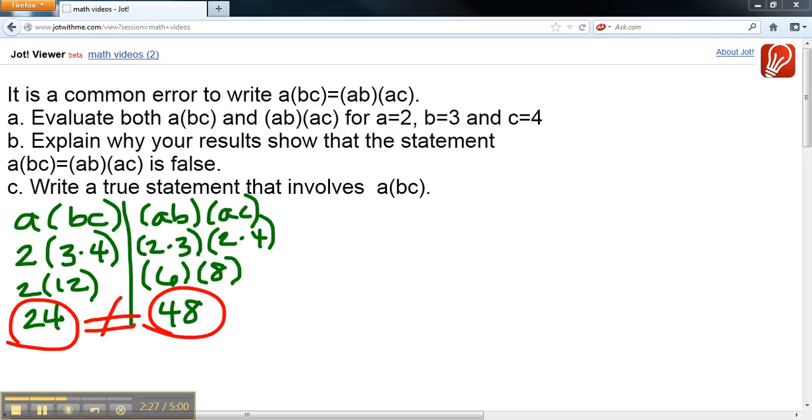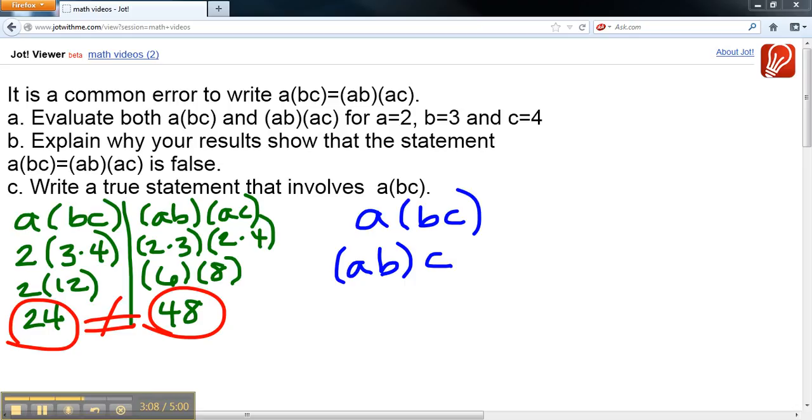And then Part C asks us to write a true statement that involves A and B, C in parentheses. Well, one property of multiplication that we know is the associative property of multiplication, which tells us that we can take those parentheses that are around B and C and we can shift them so that they're around A and B. We've associated A and B in parentheses and multiplied it by C, which is out of the parentheses.